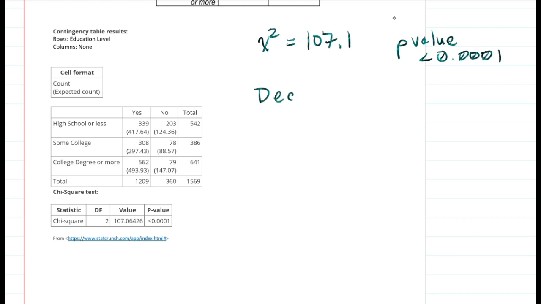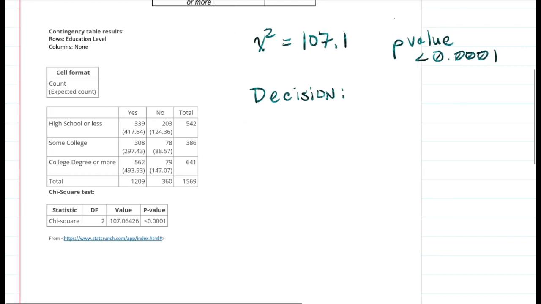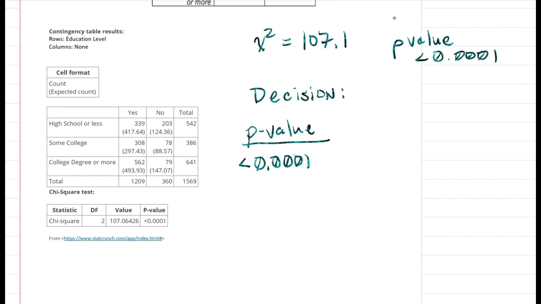The last thing we need to do is make a decision based on the information that we have. The decision is based on the p-value, which we stated was less than 0.0001, and our alpha, which was determined initially as 0.05.